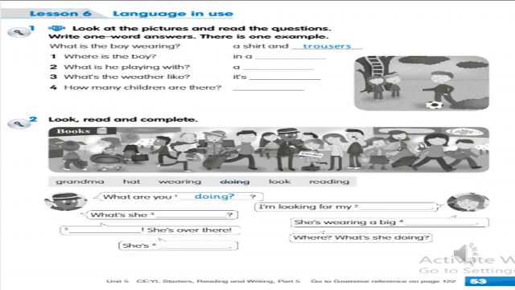Number 1. What are you doing? When I ask, what are you doing? Here we are asking about an action. I'm looking for my... She's looking for what?